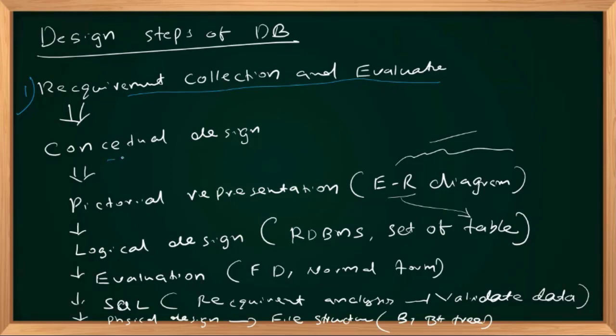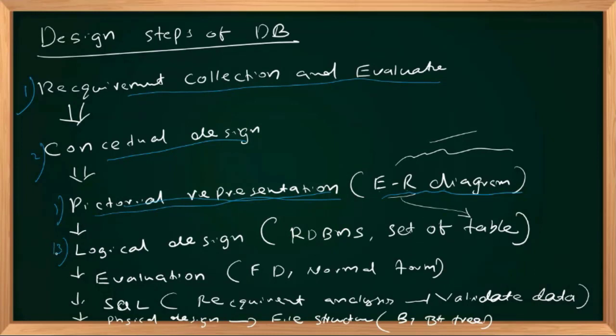Second one is conceptual design. Third one is pictorial representation. Pictorial representation is also known as ER diagram. ER diagram, entity relationship diagram, is the pictorial representation, the third step.